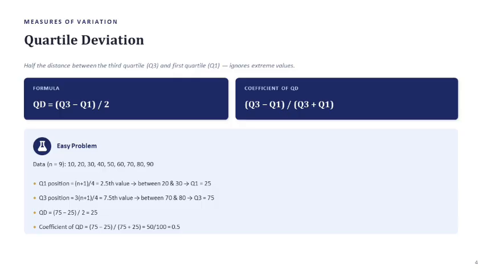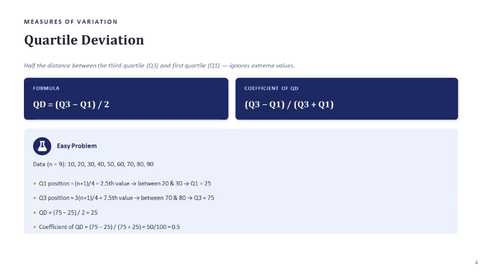Similarly, the Q3 position is equal to 3 into n plus 1 by 4, that is equal to the 7.5th value, that is between the 7th value and the 8th value in the data set, that is between 70 and 80, which implies Q3 is equal to 70 plus 80 by 2, which is equal to 150 by 2, that is equal to 75.